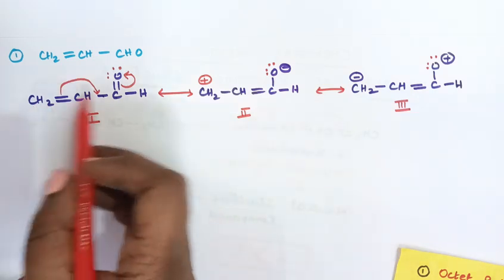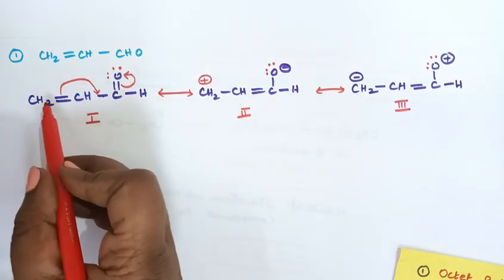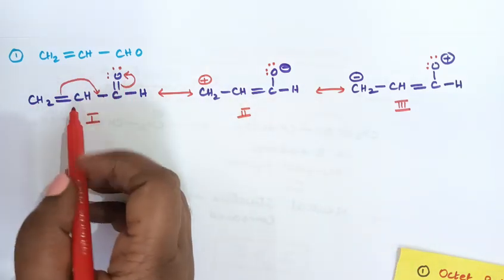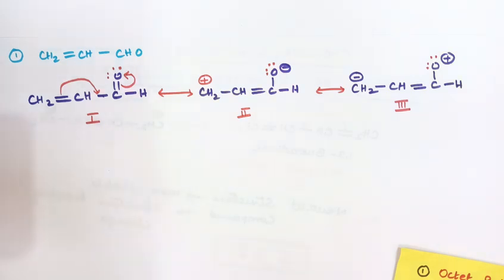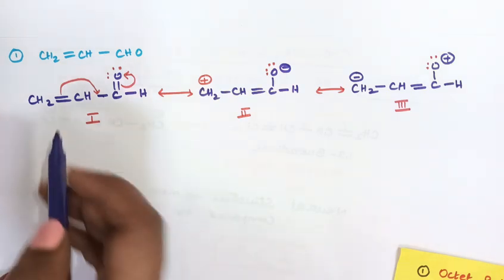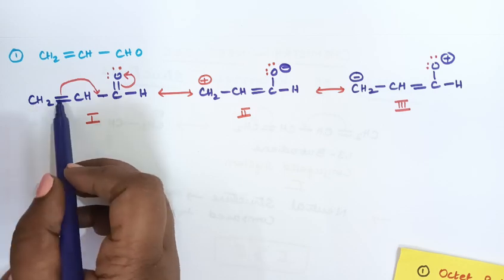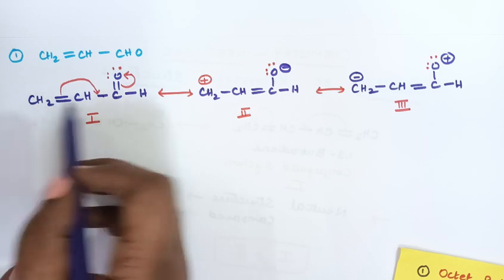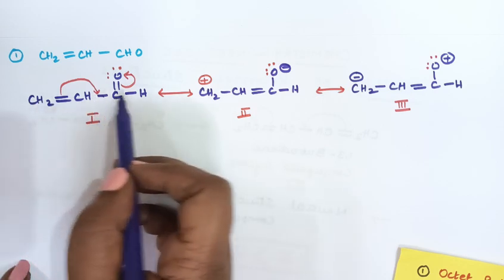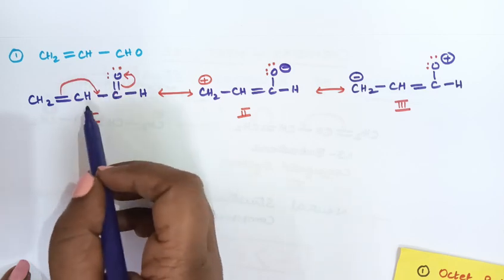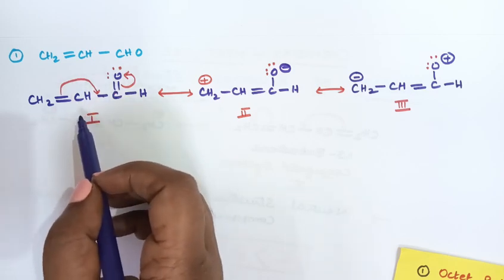So first what we have to check is the octet rule. Whether all the atoms in the structure have 8 electrons, we have to check. So students, here carbon has 4 electrons. This carbon also has 4 electrons. So here the octet is complete.